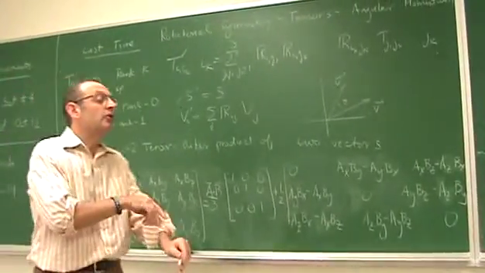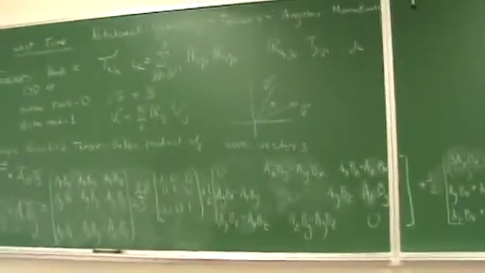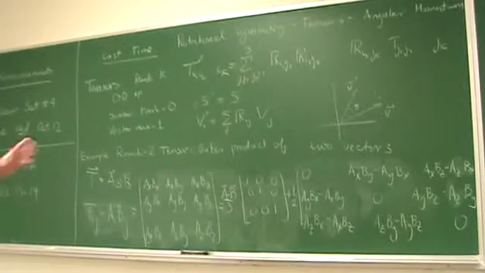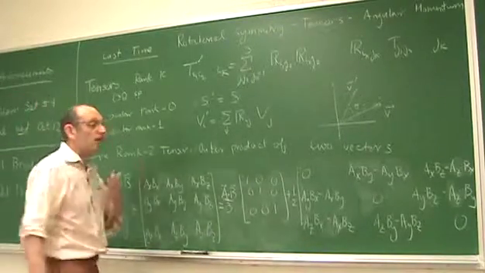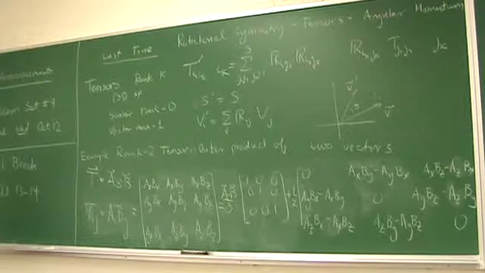We need to think a little bit harder about the problem of rotational symmetry, which plays a very essential role in AMO physics. So, in order to do that, we needed to begin the discussion and review of the formalism of tensors.